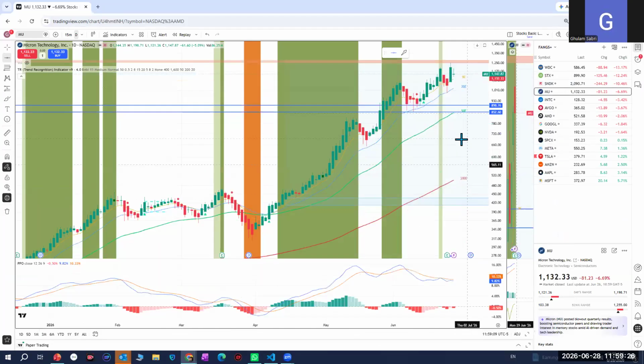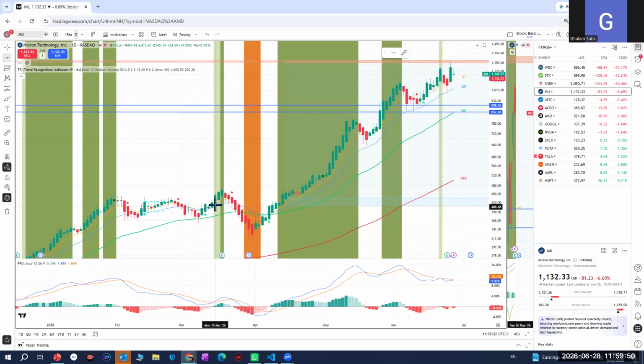So now where to find entry? Again, we should not chase any stock at higher levels. We should look for some good support pullback to this line of level, which I hope it will give very soon. And whenever it gives you an entry, especially when a green zone starts, which is first stage or second stage, that will be the time to make another entry. For example, take a look here.